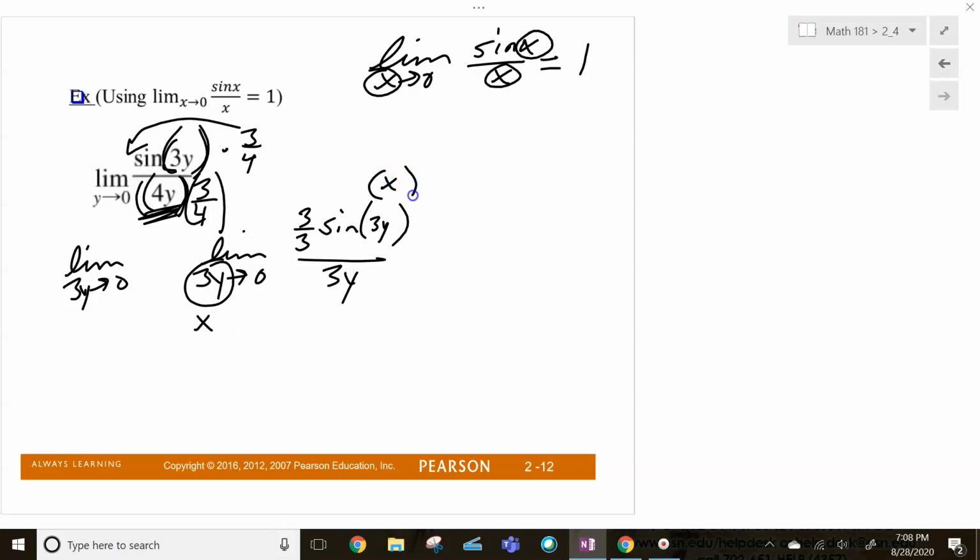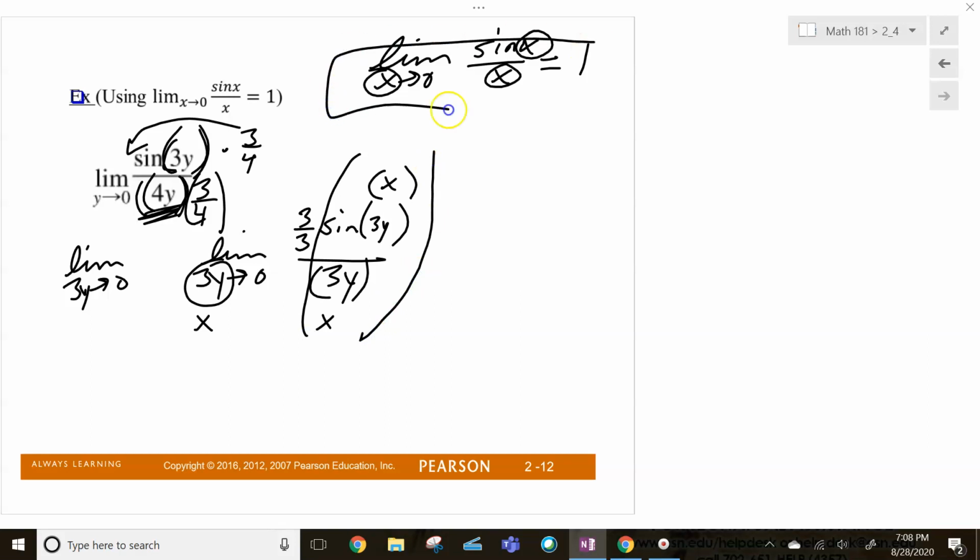So I have the limit as x goes to 0 of sine x over x. What is that? That's 1. And then I had this 3/4 right there.